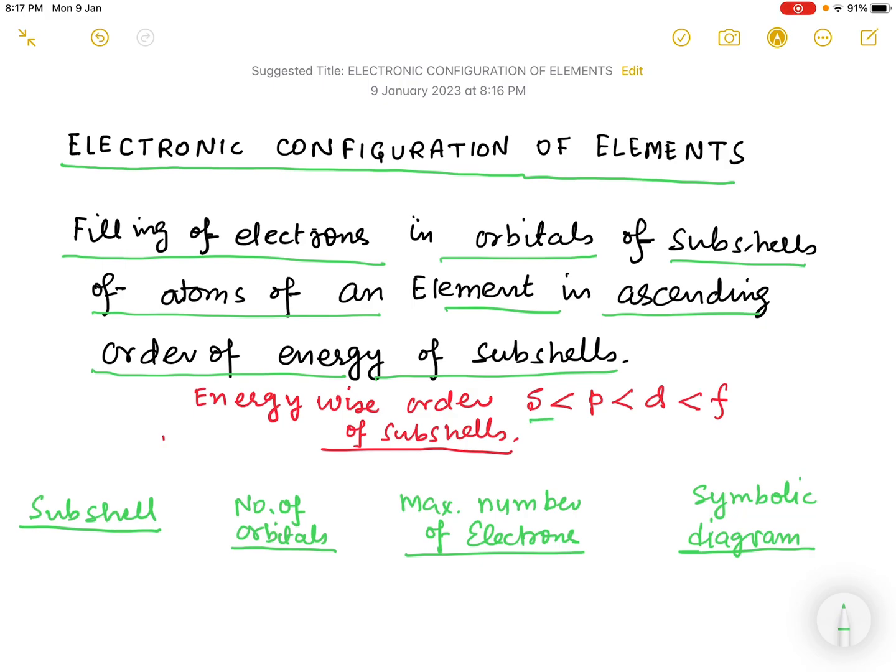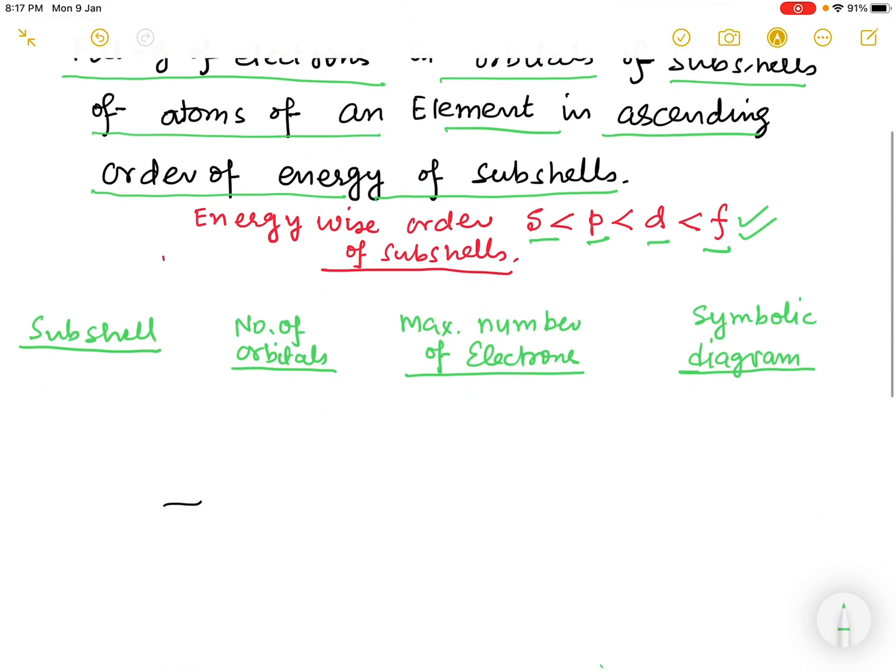They are called S, P, D, F, and if we arrange them in energy wise order, S has the least energy, and P has more energy than the S subshell, D has more energy than the P subshell, and F has the maximum energy of all the subshells. Now we will see how the electrons are arranged in these four subshells in all the elements.